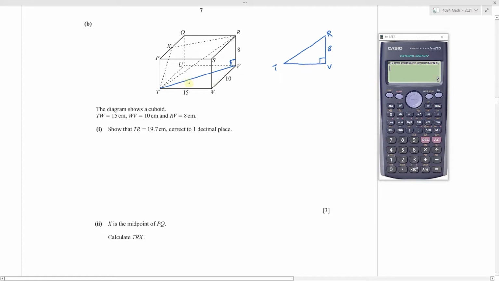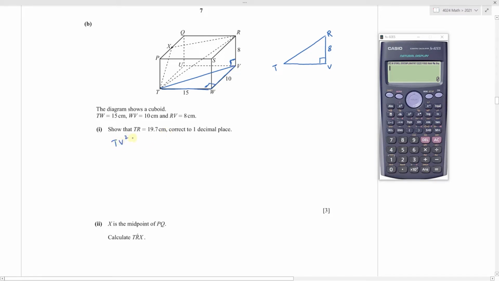I can easily calculate TV as well because this is a cuboid. This angle here on the floor is 90 degree. So for the triangle TWV, I know this side, I know this side. This is the hypotenuse that I can easily calculate. I won't draw the triangle separately. So this is the triangle I'm looking at, the blue one.